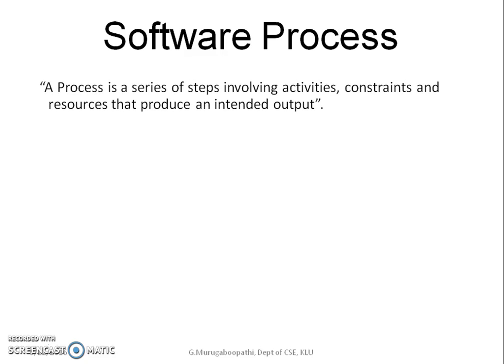A process is a series of steps involving activities, constraints and resources that produce an intended output. For example, we can develop one software project. We need activities, resources and constraints.